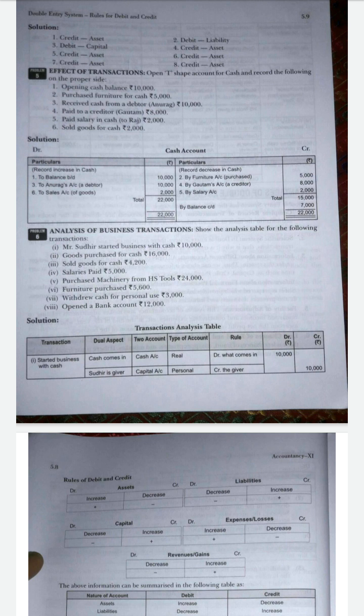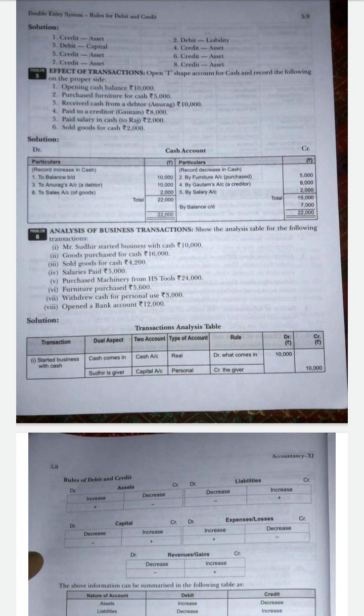In personal account, apply the rule: debit the receiver, credit the giver. So credit the giver. Who is the giver? Sudhir. So see the debit 10,000, credit 10,000. So what will be the journal entry? This is the way of analyzing the table, and next we will study the journal entry.